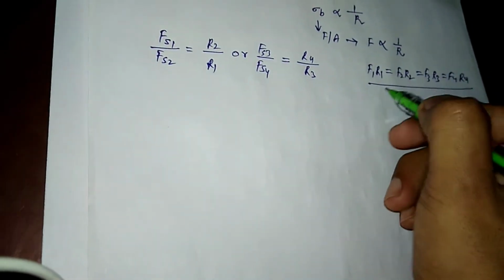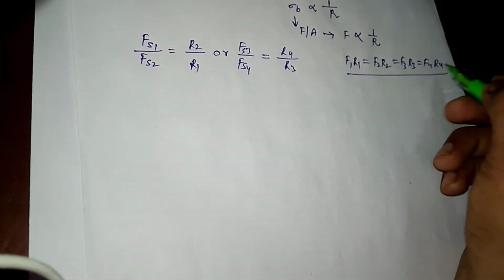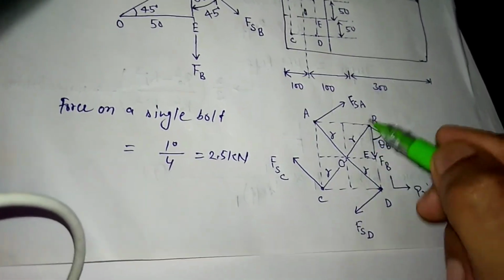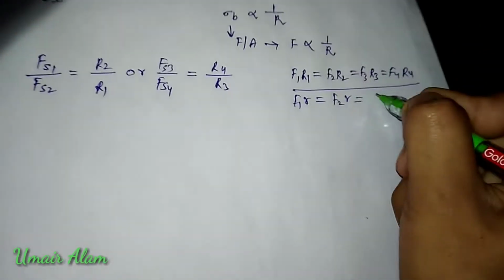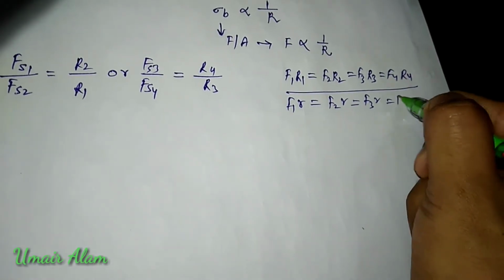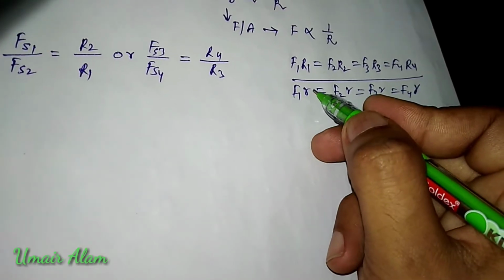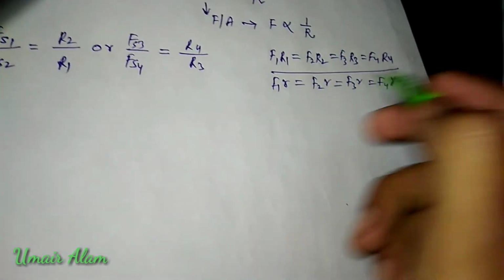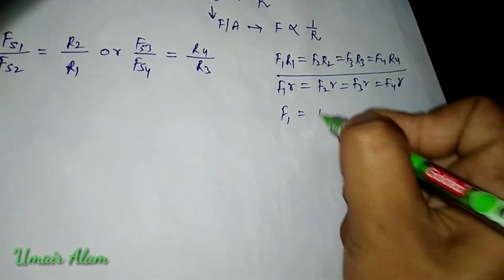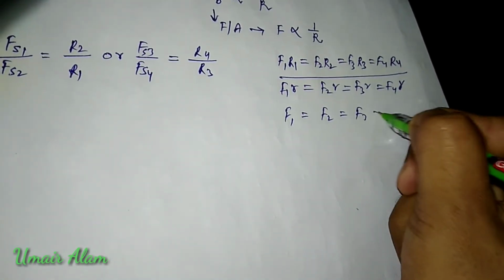Here R1, R2, R3 are the radii of rotation, but in the question this radius is the same for all the bolts, and the notation is small r. So we can write F1 r is equal to F2 r is equal to F3 r is equal to F4 r. So r will be eliminated from here. So finally F1 is equal to F2 is equal to F3 is equal to F4.